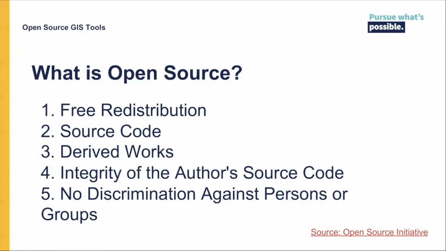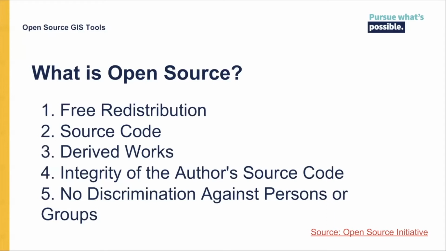Another component of open source is that the source code must be well publicized somewhere, and it should be easily obtainable. Also, unclear source code is not allowed.